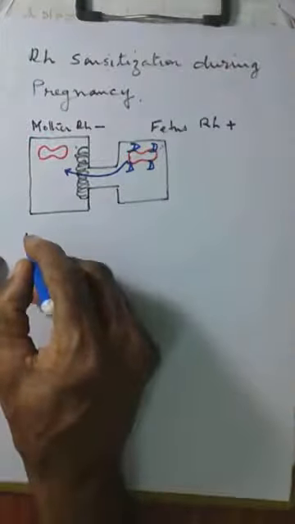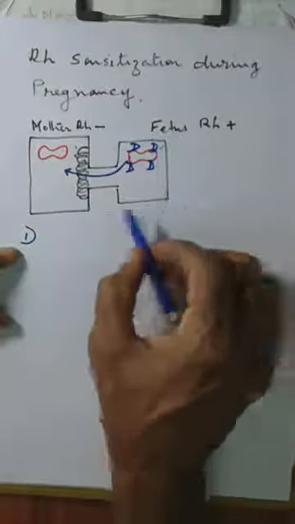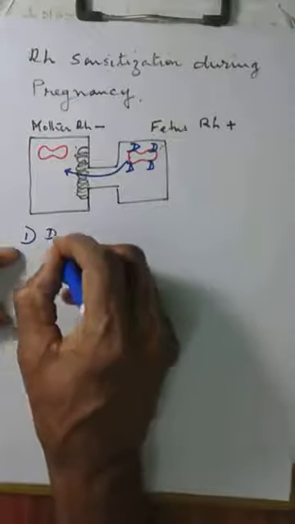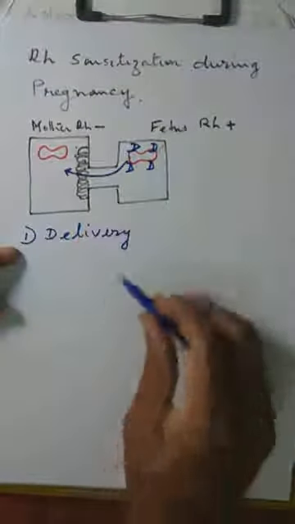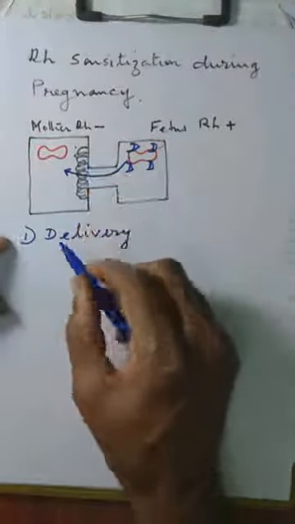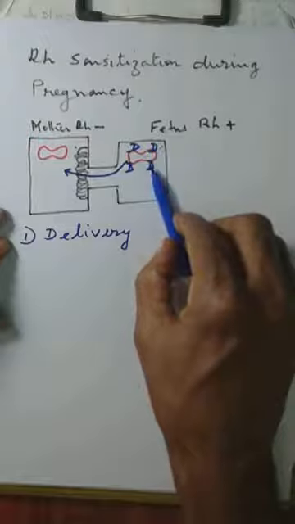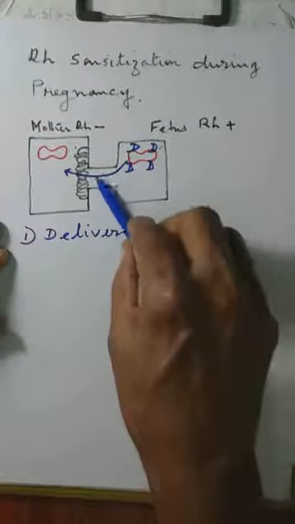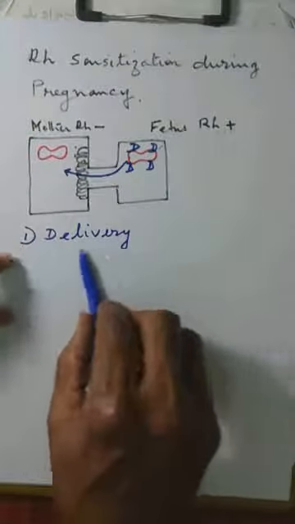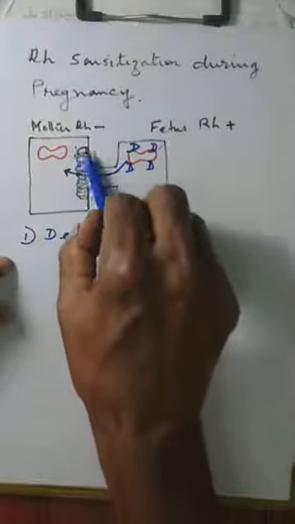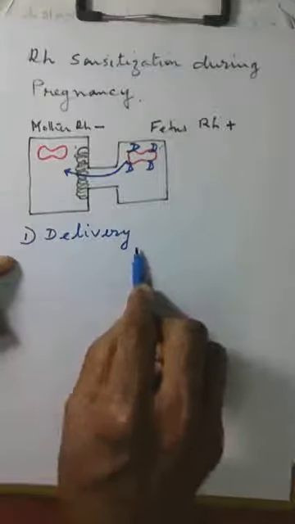Number one, we all know that it is the time of delivery. This placenta will be broken and erythrocyte or RBC with D antigen may come to the mother's blood, because at the time of delivery the placenta is broken. So this is the definite case of sensitization.